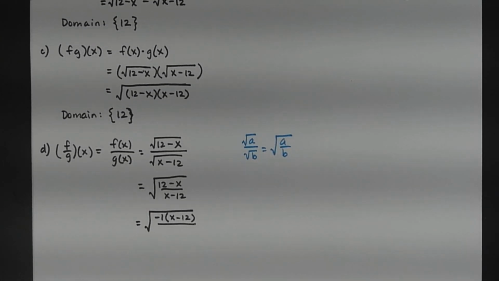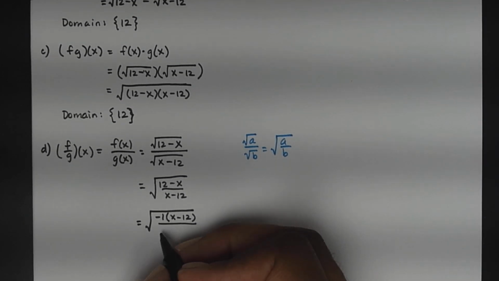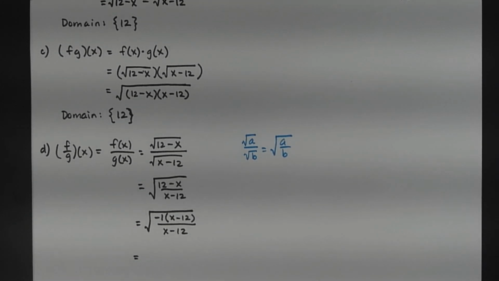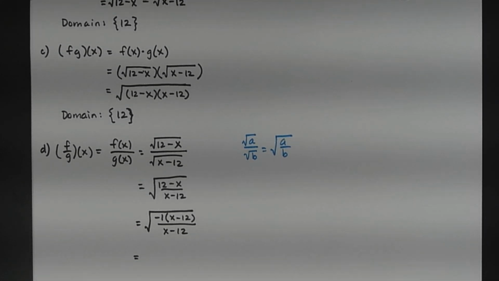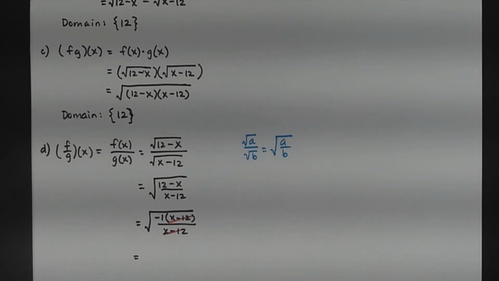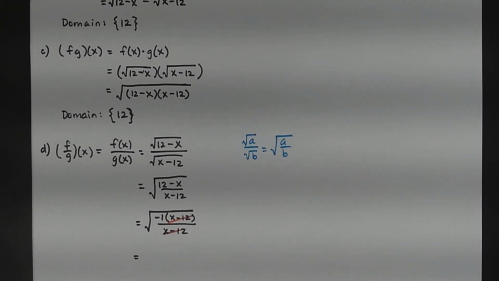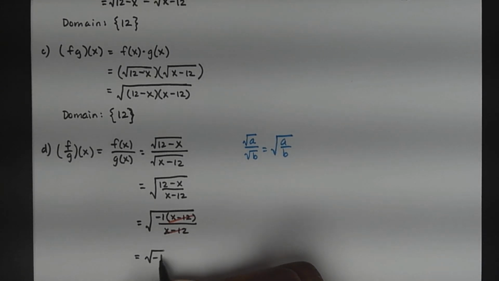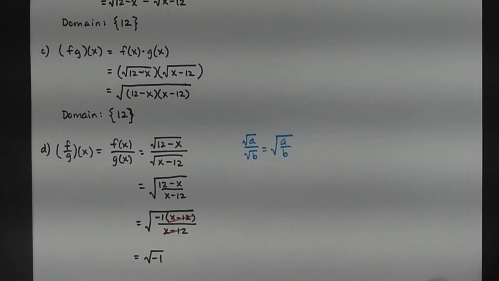So I have negative 1 times x minus 12 divided by x minus 12, and all of this is underneath that square root. Now let's simplify by dividing out the x minus 12 in the numerator and the denominator. I'll be left with the square root of negative 1.